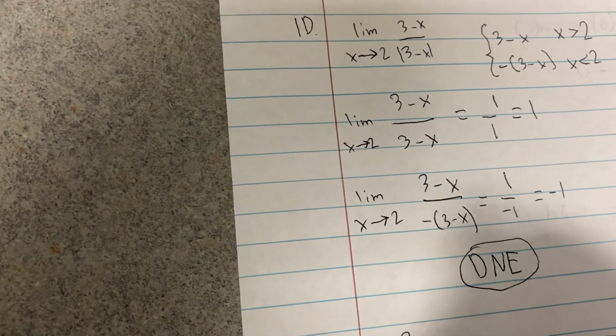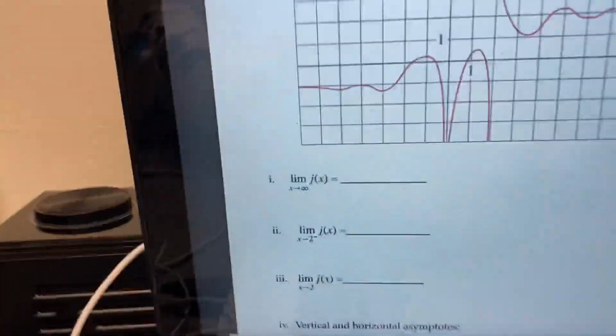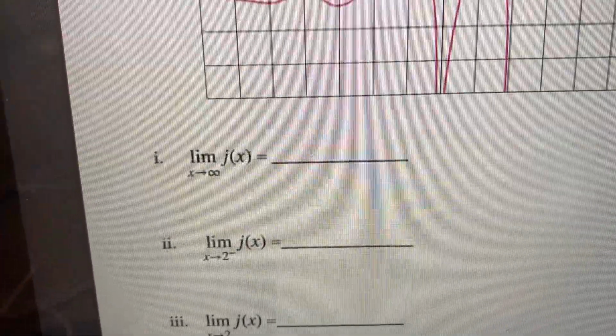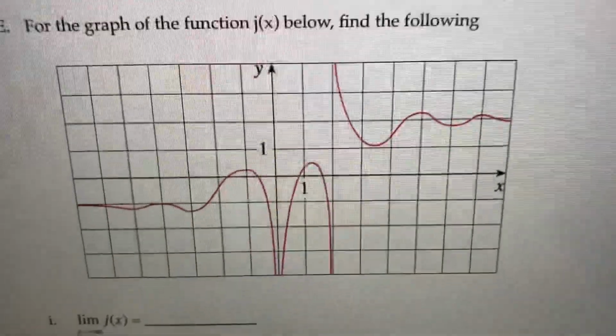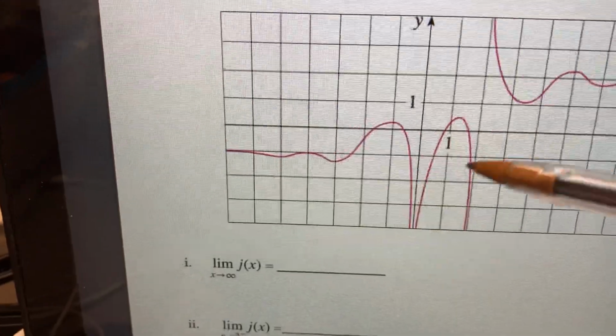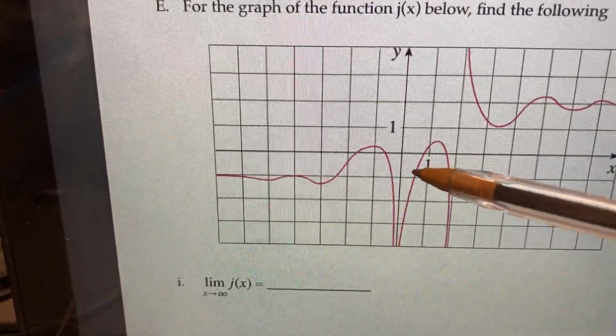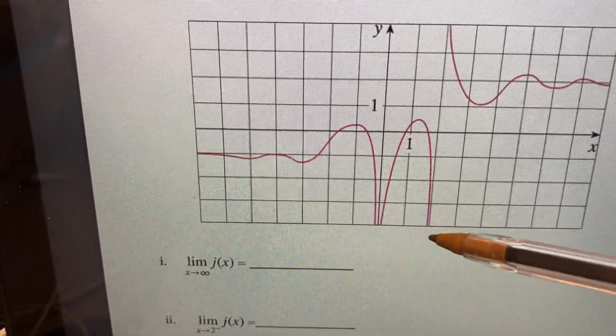And for ii, it's asking for the limit as x approaches 2 from the left. Now here is 2, and from the left it would be this way. It would go down to negative infinity.